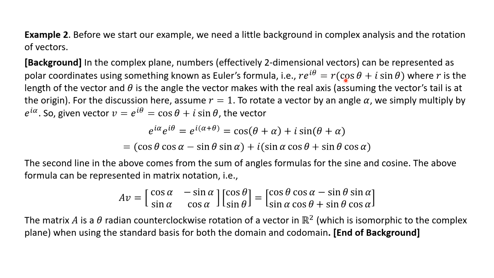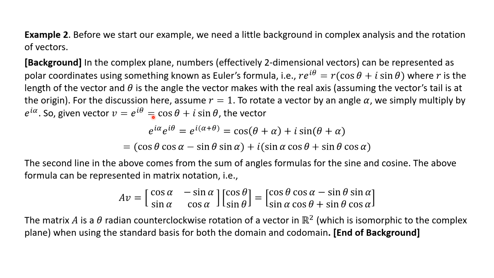So r cosine theta is the real part, and r sine theta is the imaginary part of the number. r is the length of the vector, and theta is the angle the vector makes with the real axis, assuming the vector's tail is at the origin. So for the discussion here, we're going to let r equal 1, and it simplifies things a little bit.